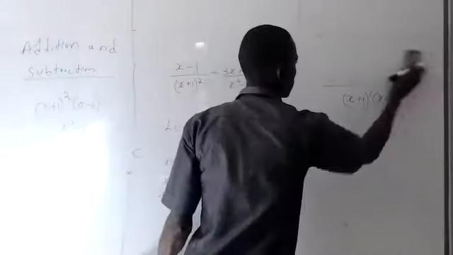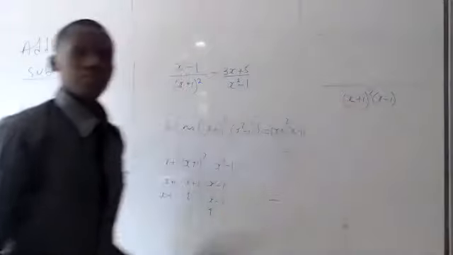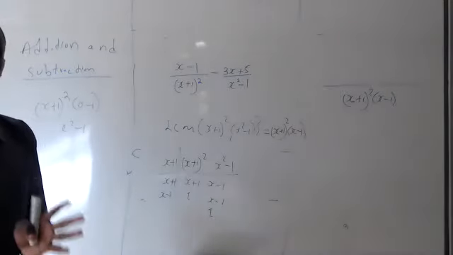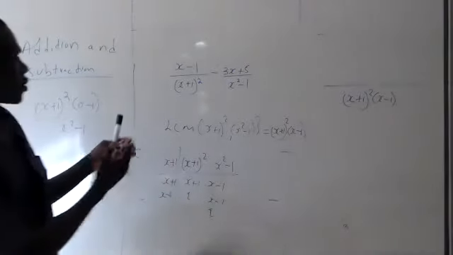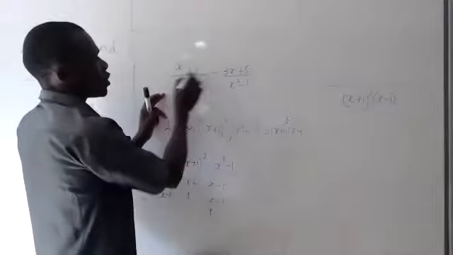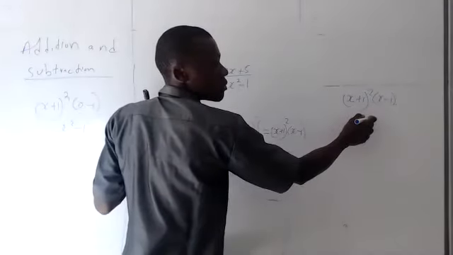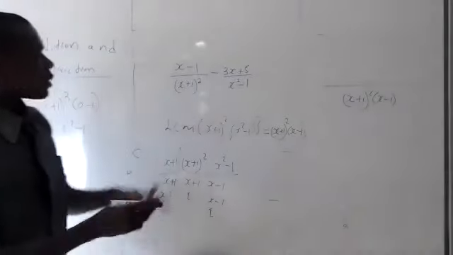Yes, I can repeat. So we have the LCM. It's the same logic that you use for fractions of numbers. It's the same logic we are applying here. So how many times will x plus 1 squared divide this LCM? I'm asking you, it's a question.